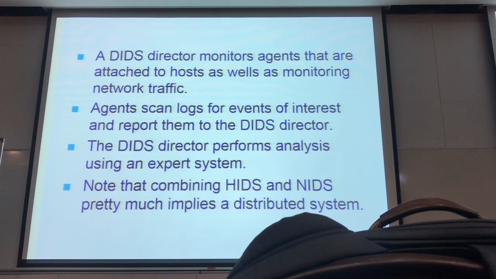And then this distributed intrusion detection director will perform an analysis. So now the analysis can be based on the logs from different machines. Even in one machine you can have different logs, so you can combine them. Now you can also combine logs from different machines.